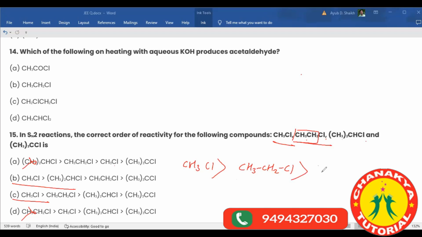It would be secondary, isn't it? And this one is tertiary. This one, last, (CH3)3CCl. So your option C is correct. Fine. Clear?